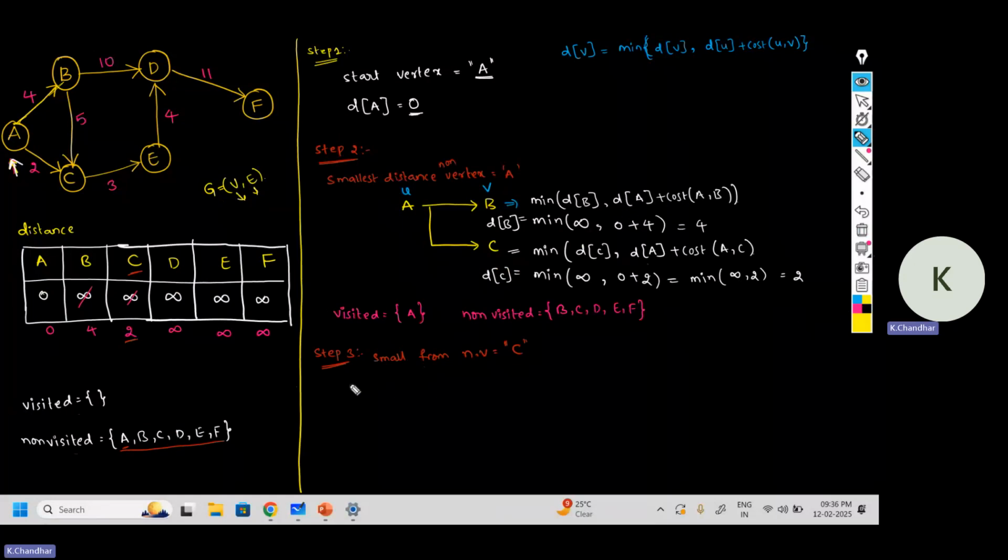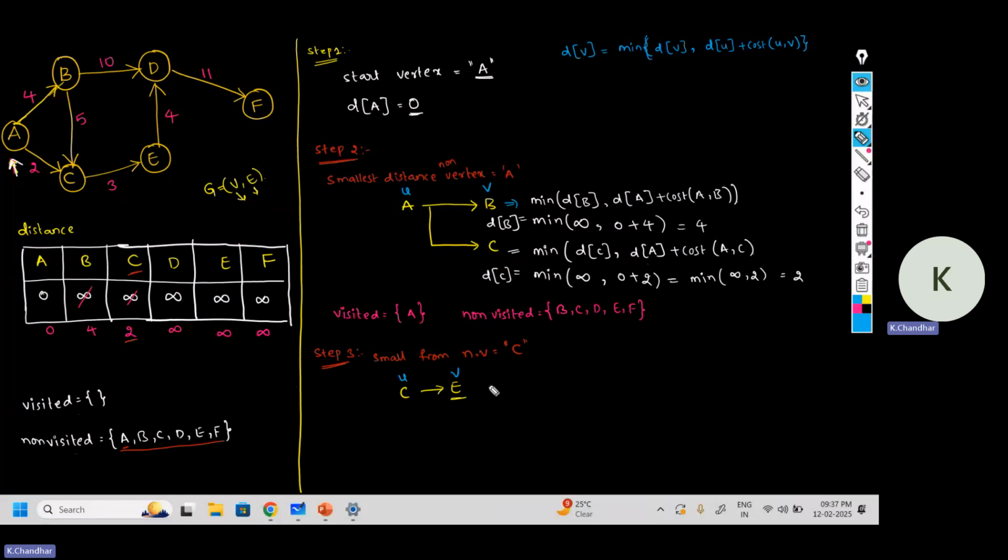So let us see how I am going to do this. From C, which vertices can you visit? From C, only one vertex can be visited. This is E. So I can go from C to E. Now what do I need to calculate? Distance at E. Let us see how I am going to calculate. So let me show how you can write this equation.